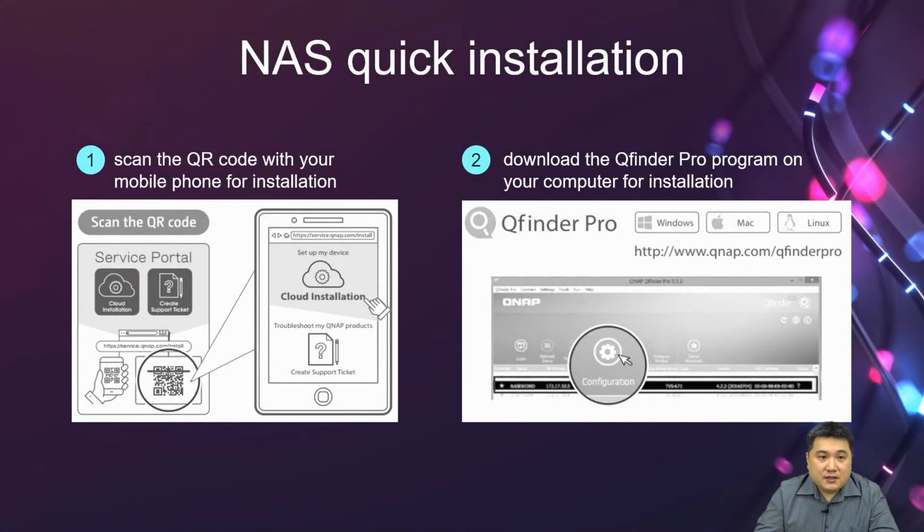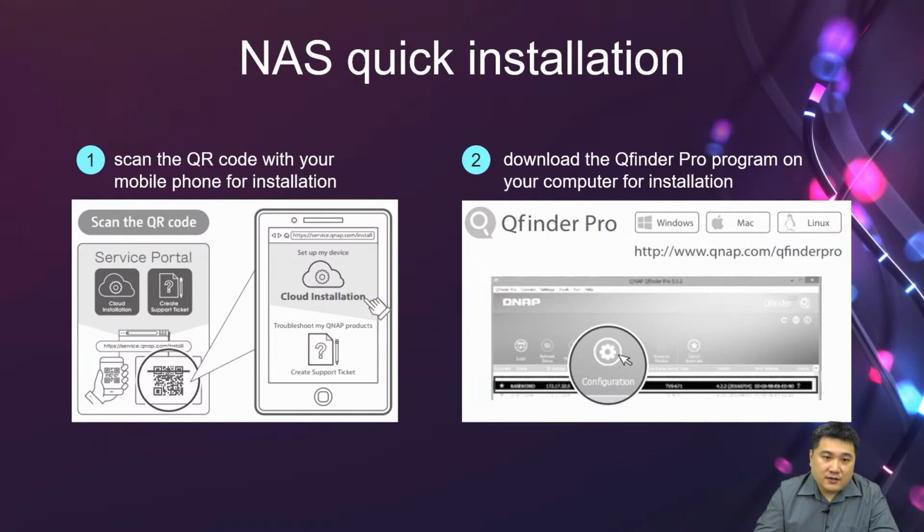After completing the previous installation, the user needs to perform a few simple steps after getting the NAS. You should continue with the system installation. They have two choices. The first choice is scanning the QR code with your mobile phone for installation.